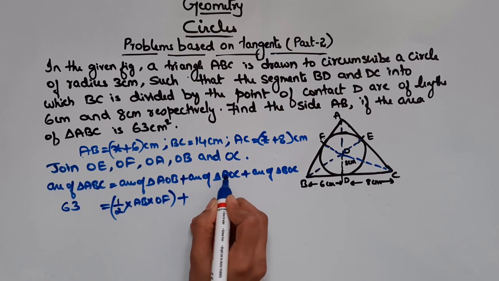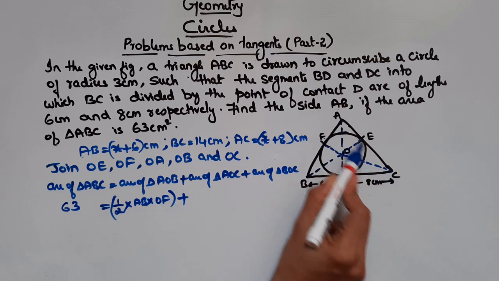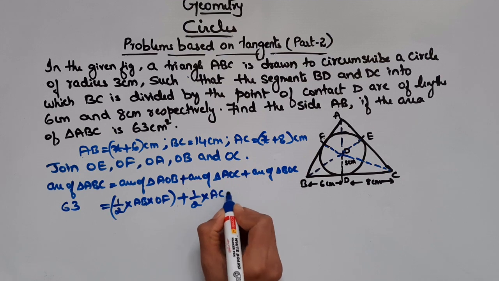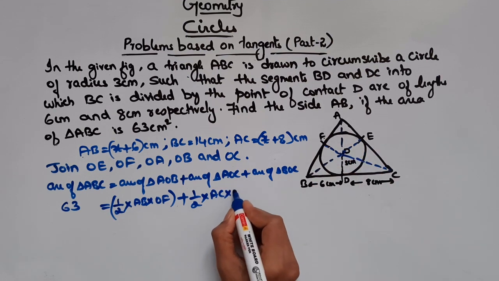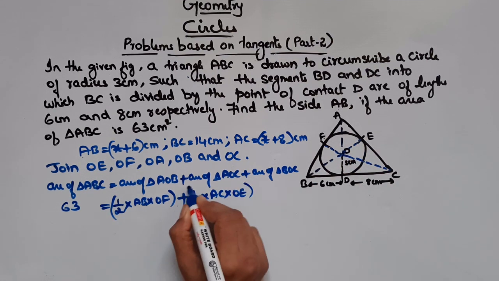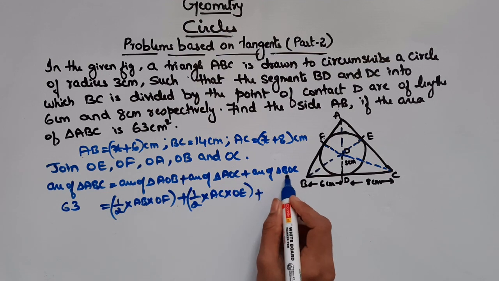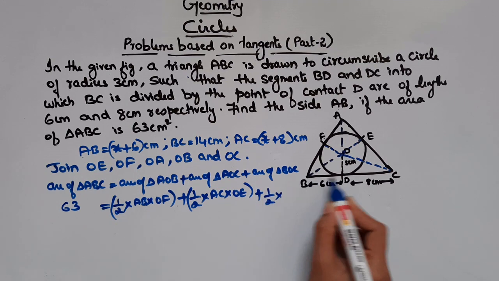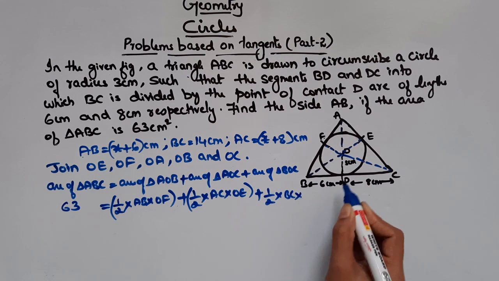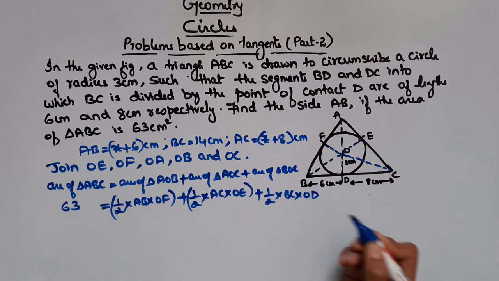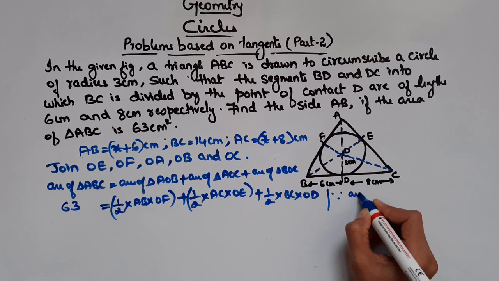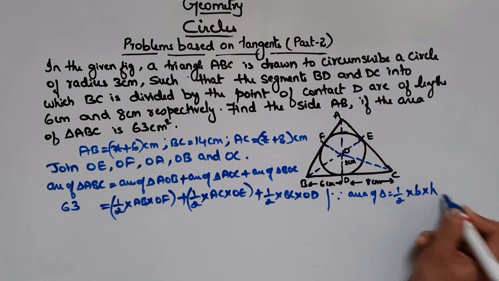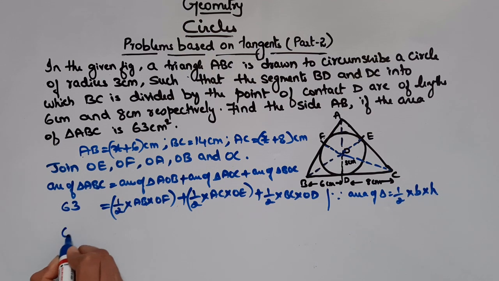Plus area of triangle AOC, half into base AC into height OE, plus area of triangle BOC, half into base BC into height OD. Since area of a triangle is given by half into base into height, right?